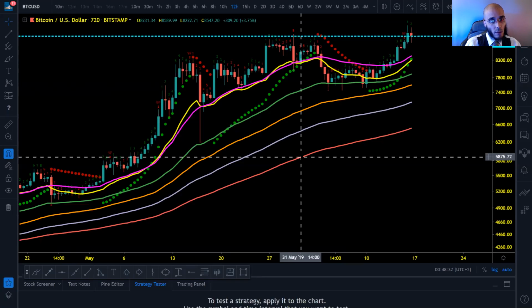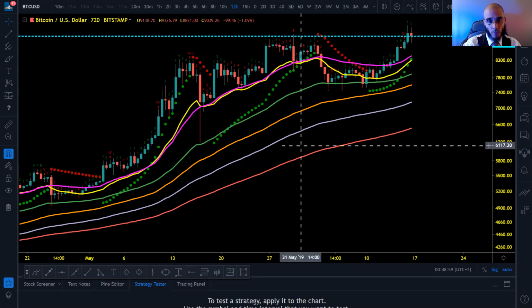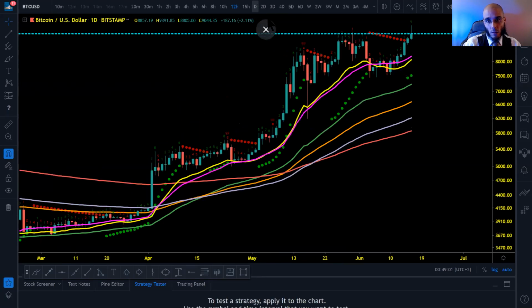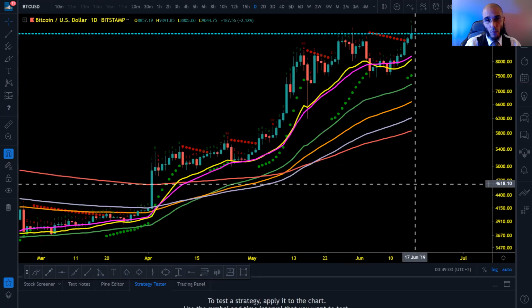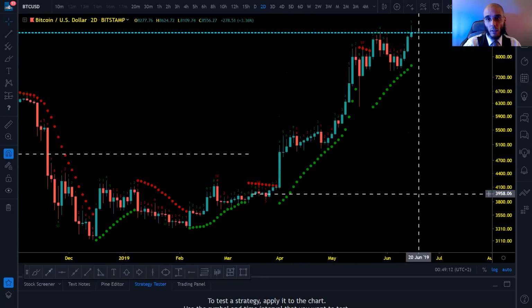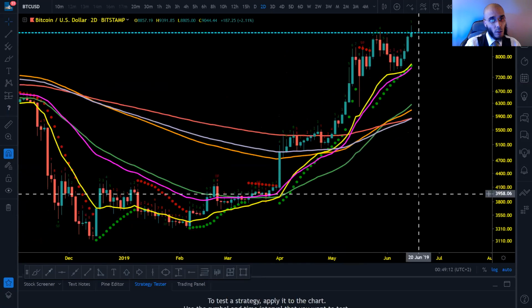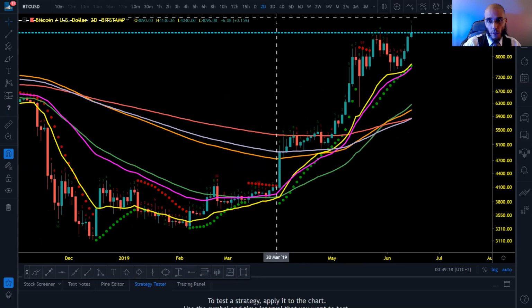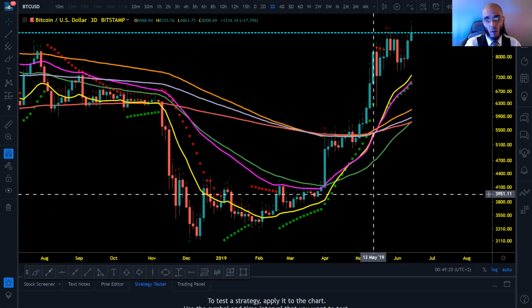Now let's take a look at the long term. You are on a 5 up with confirmation on the daily. On the 2-day, you're on a 3 up with confirmation. On the 3-day, you're on a 1 up without confirmation.